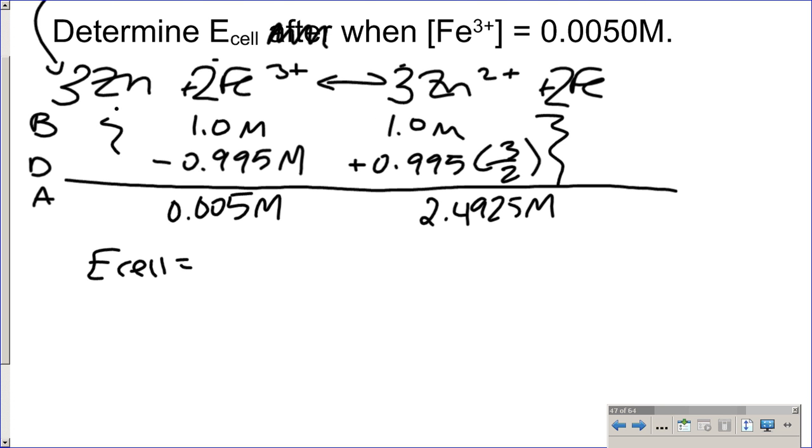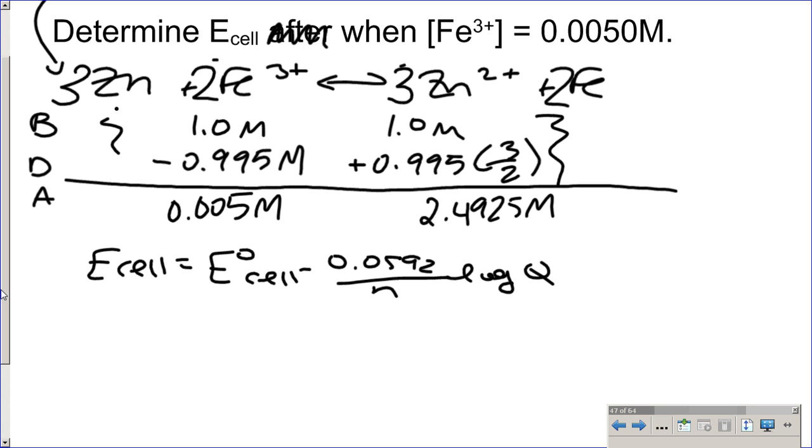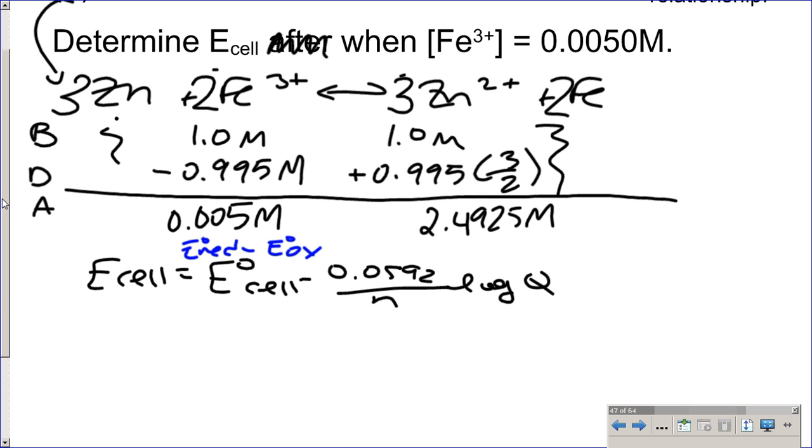E cell is equal to E naught cell minus 0.0592 over N log of Q. Before we plug in, please tell me what these things are. What is E cell? What would you have to do? Who is reduced? The iron is reduced. Okay. So this one's right, and that means this one's oil. So on your paper, you would go looking for the iron and iron 3 combination.